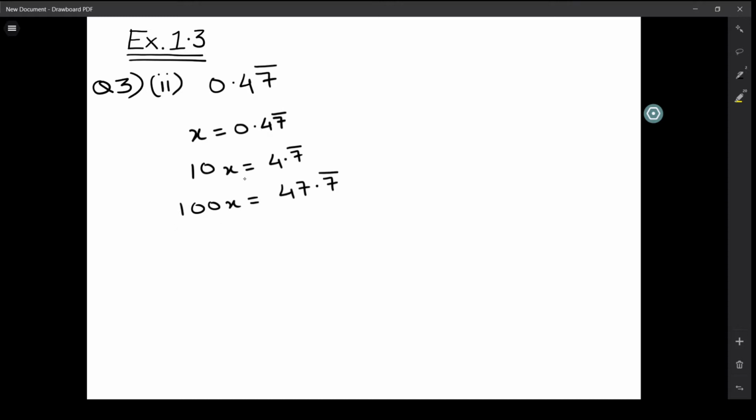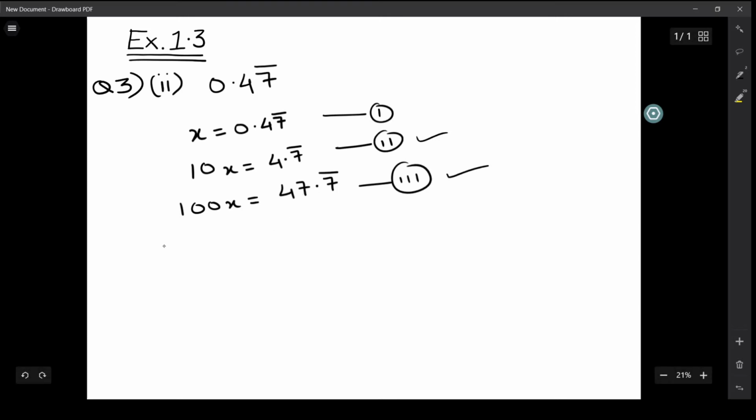So we want to ensure that we subtract equations in such a way that we get rid of this decimal expansion. In order to do that, we'll label these equations again. This is equation 1, equation 2, and equation 3. Here I'm going to subtract equation 2 from equation 3. So I get 100x minus 10x on the left hand side, and 47.7 with the bar minus 4.7 with the bar on the right hand side.